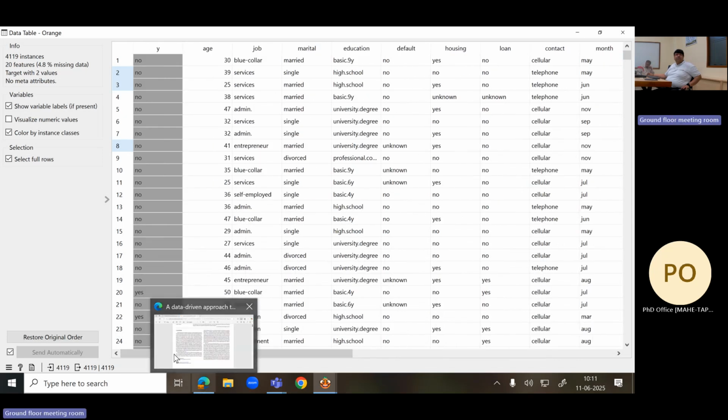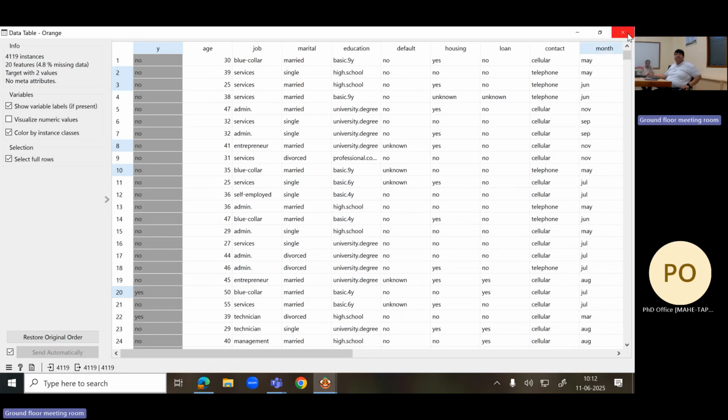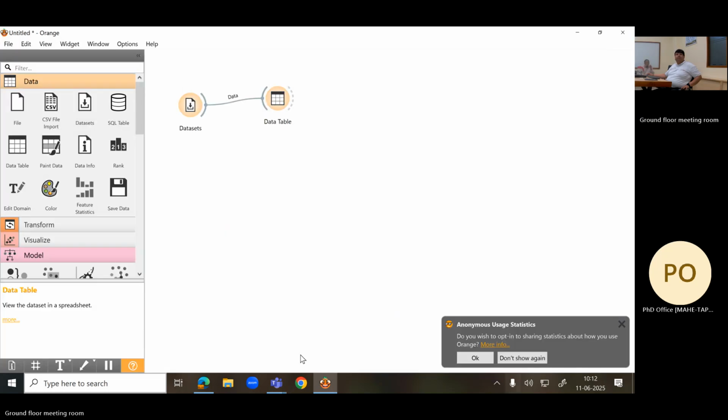Now, often we try to take care of this missing data by removing those rows or columns. So let's first figure out where the missing data is located. How do we figure that out? One way is to look at feature statistics.